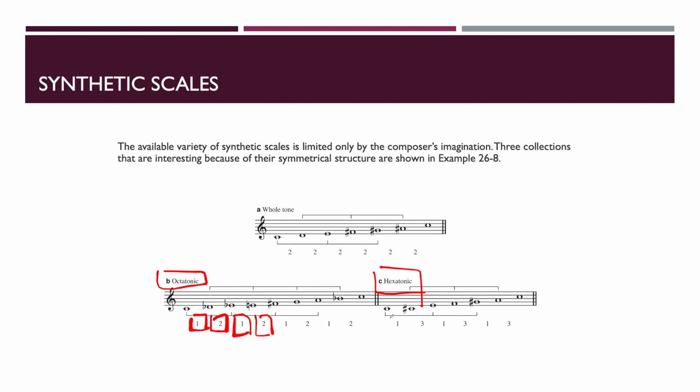This is two. One semitone, three semitones, one semitone, three semitones, etc. So we will see that scales that consist of such symmetrical constructions are especially beloved in the 20th century music.